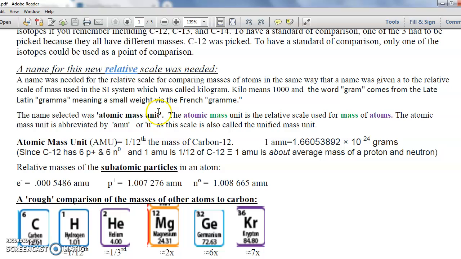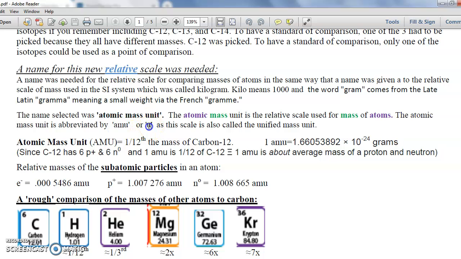They named this unit the atomic mass unit, and they defined the atomic mass unit to be 1/12 the mass of carbon-12. Again, carbon-12 has 6 protons and 6 neutrons. So essentially, 1 AMU is about 1/12 of carbon-12, somewhere between the masses of protons and neutrons, to give you an idea. The atomic mass unit is often abbreviated AMU.